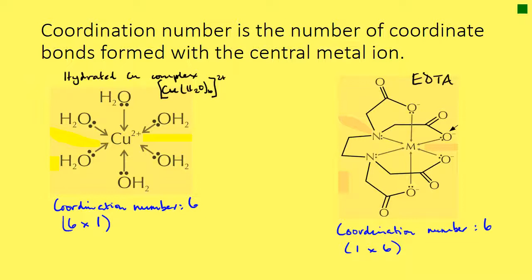So 2 bonds are formed from above and below, and then you've got 2 bonds coming from where we are looking into the screen, and then another 2 bonds coming from behind the screen back towards the M. So that coordination number is also 6.